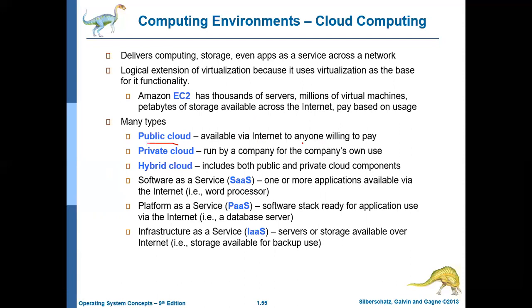Anybody can purchase space in a public cloud by paying money. Private cloud is a cloud which is maintained and run by a particular company. It is not for the public. Hybrid cloud is a combination of both public and private. Some part it keeps private for its own organization, and the other part is public, which can be purchased by others.